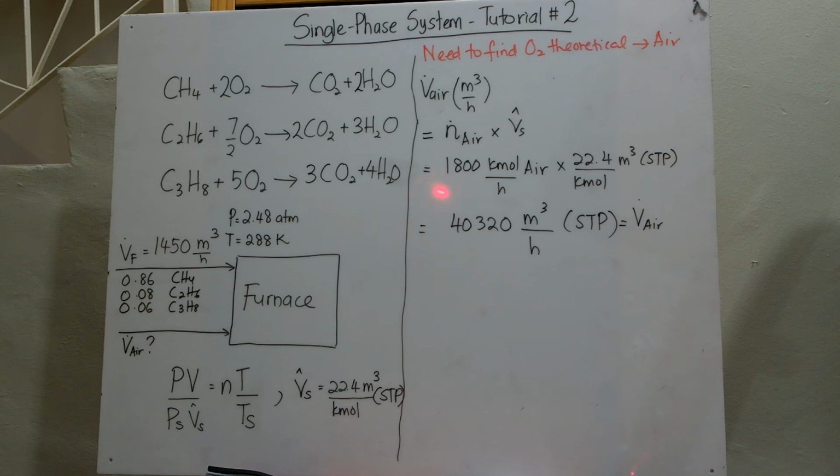So this is the molar flow rate of air times this STP specific molar volume. Then we obtain the final answer in terms of meter cube per hour. That is 40,320 meter cube per hour. That is our volumetric air. That's it for this question.